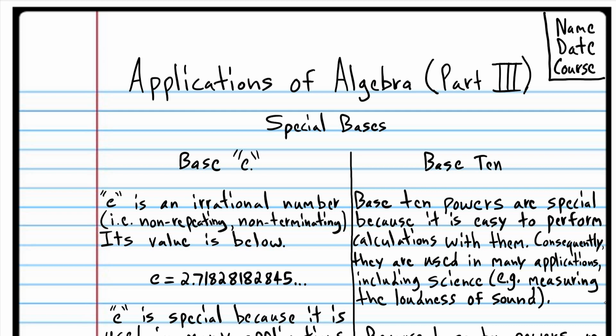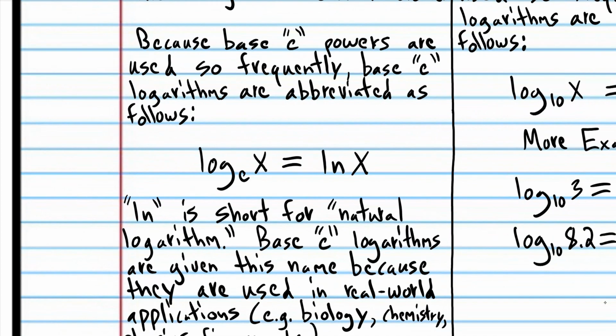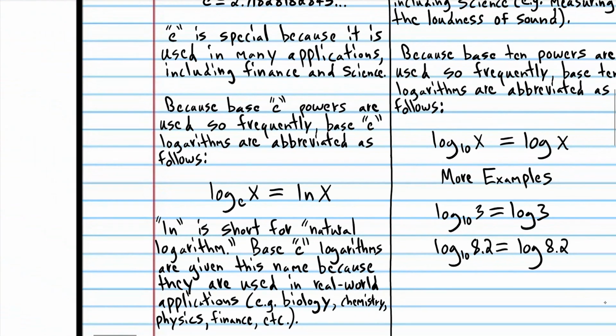It has a lot of applications in the real world, and so we give it special notation when we use the number as the base in a logarithm. Log base e of x is abbreviated as ln x, which stands for natural logarithm, or natural log x. And it's called natural logarithm because it's used, like I said, in nature.